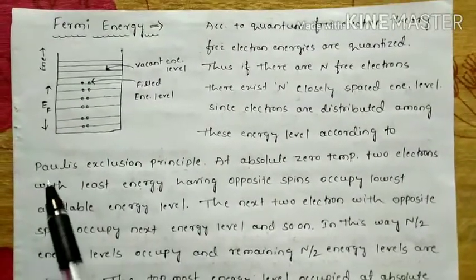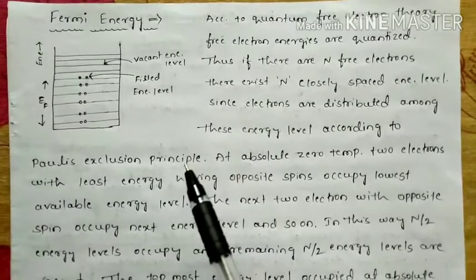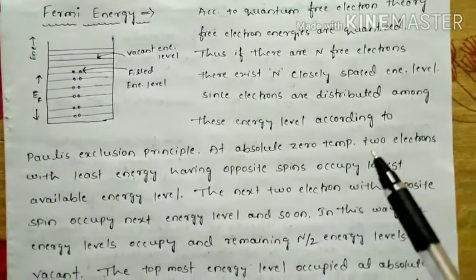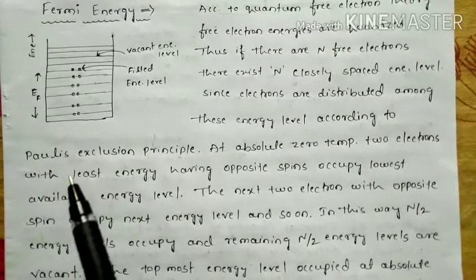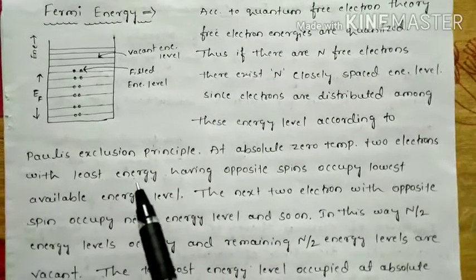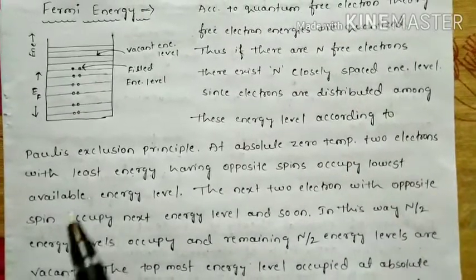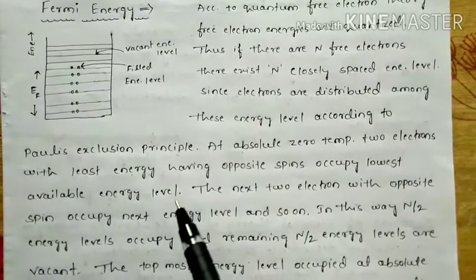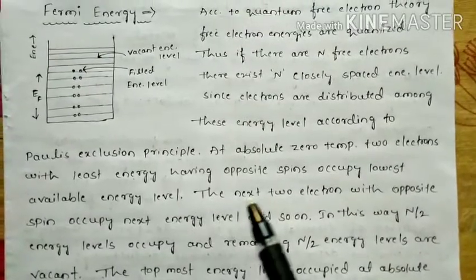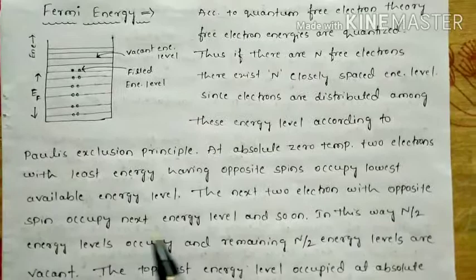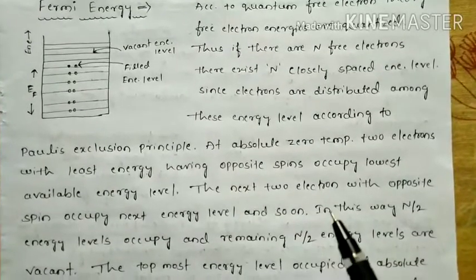In the PUC you have studied the Pauli exclusion principle, which states that at absolute zero temperature, two electrons with least energy having opposite spin occupy the lowest available energy level. The next two electrons with opposite spin occupy the next energy level, and so on.